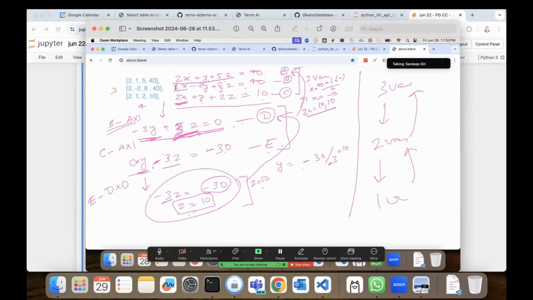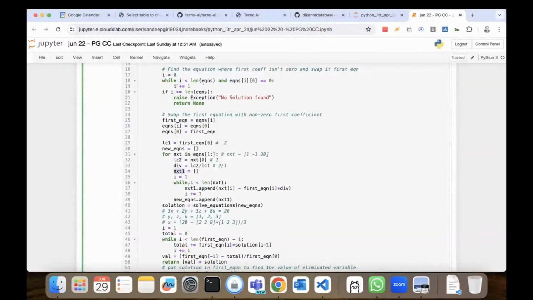Why are we doing this? So that we can eliminate x completely. So we eliminated x completely by doing b minus a times 1. So this is b minus a times this value, right?